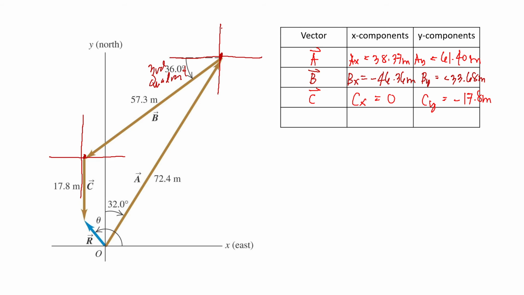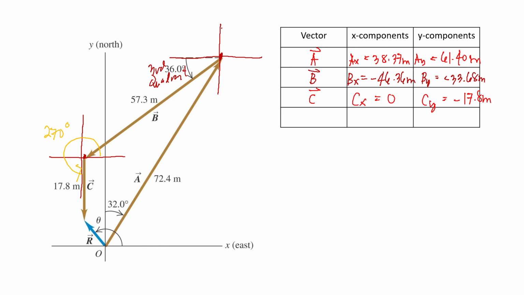Well, to prove that it's really 0, because some of you might be curious if it indeed has 0 component in the x and negative 17.8 meters in the y component, we can also solve that one just to show some solutions. Let me use this angle here, from here to here. So that is 270 degrees.